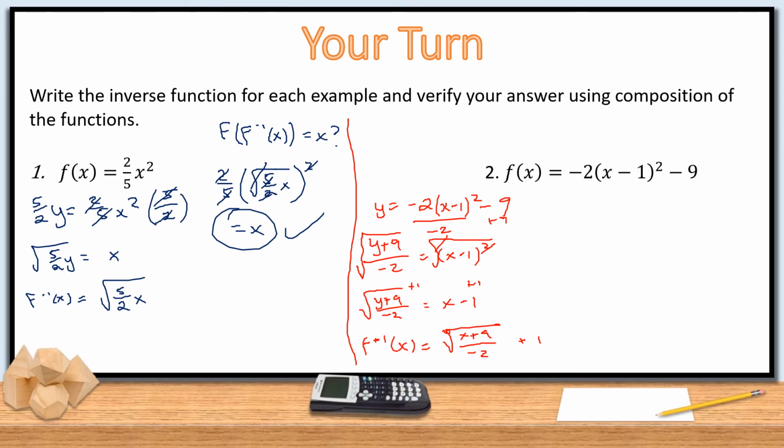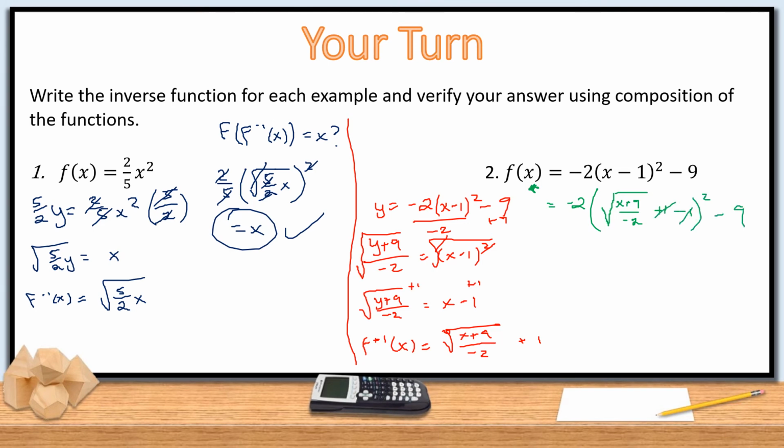For the inverse part, we have to sub in the inverse function for x. So it's going to be minus 2, and now our x part is the square root of (x plus 9) all over minus 2, and then we've got plus 1, and then inside the parentheses still a minus 1, squared, minus 9.